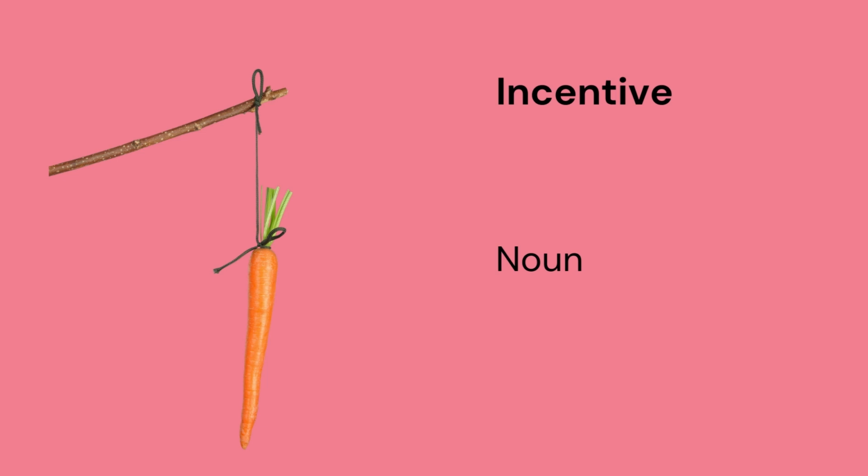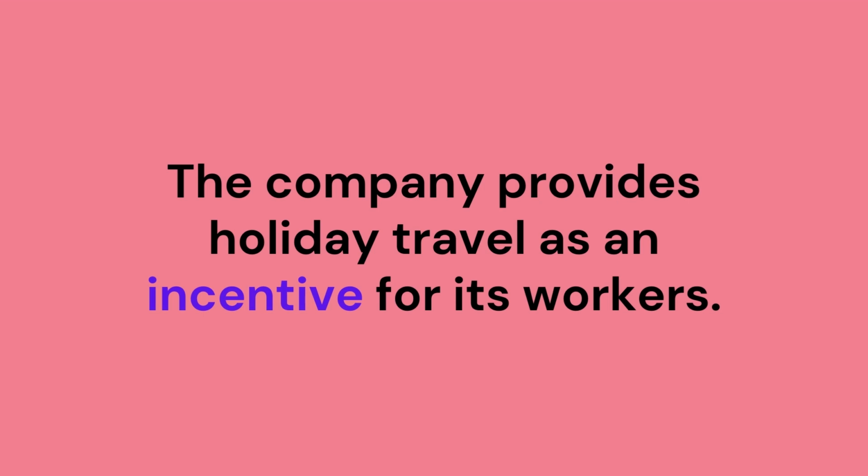So the carrot on the stick is an incentive for the donkey to move. Of course, we are not donkeys, and nowadays we don't work with donkeys. So the company provides holiday travel as an incentive for its workers. Holiday travel can be seen as a kind of a carrot on a stick.